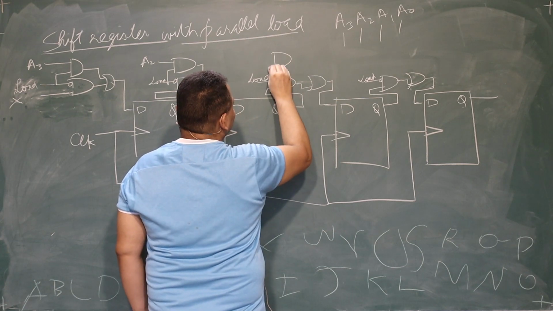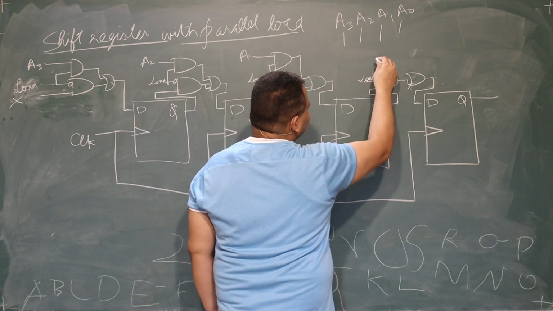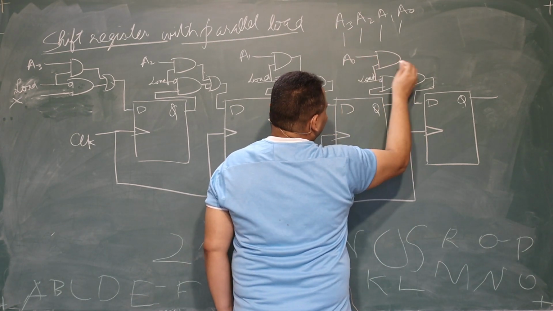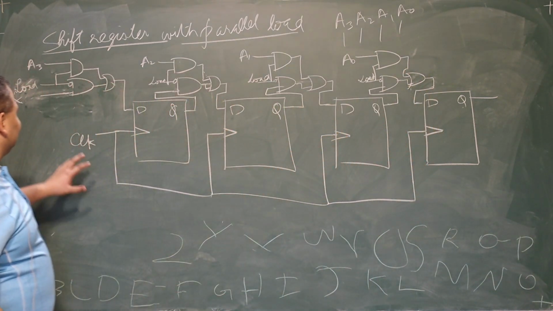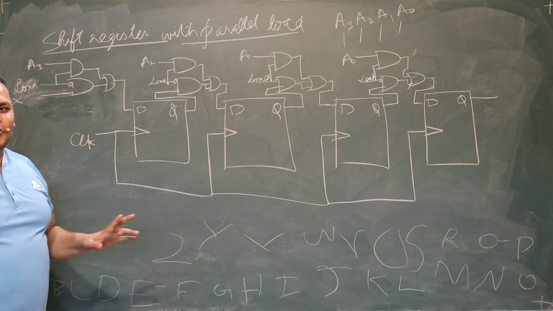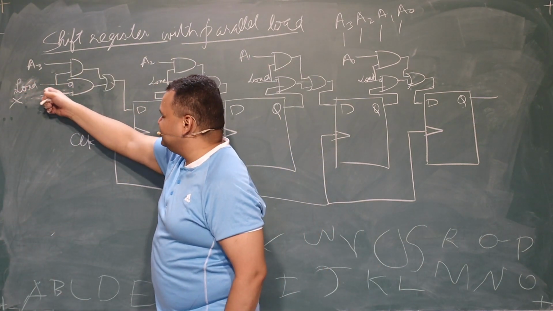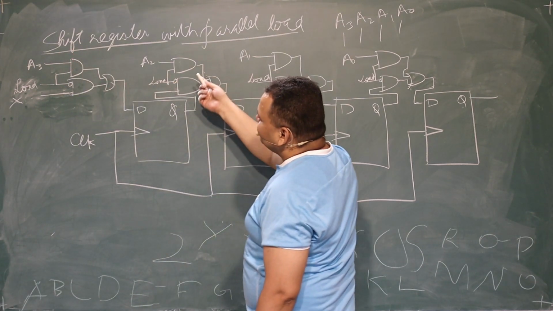Another AND gate, load connected here, A1, the output goes here. Another AND gate, load connected here, and A0, and the output goes into this. Only one of these paths is operational at a time. When load is equal to 0, this one becomes operational. When load is equal to 1, this one becomes operational.